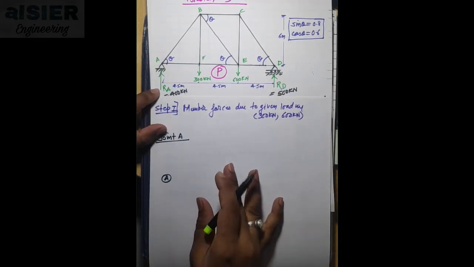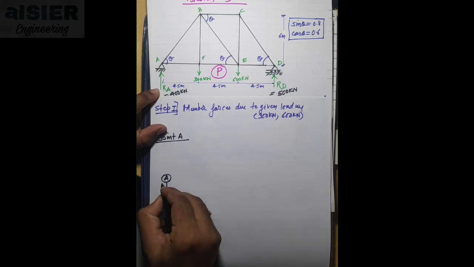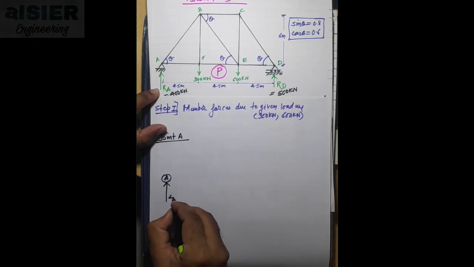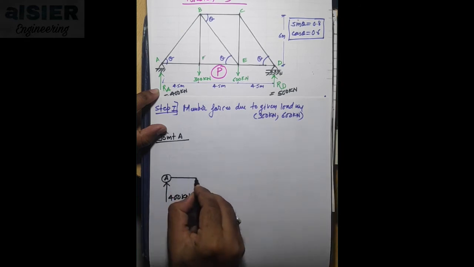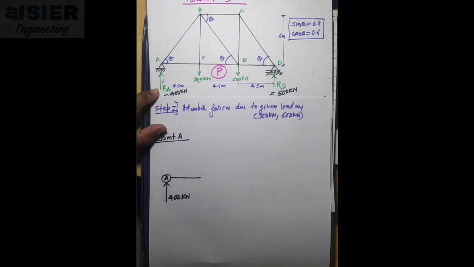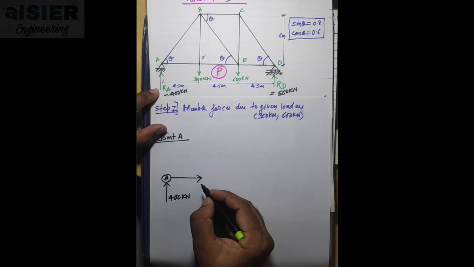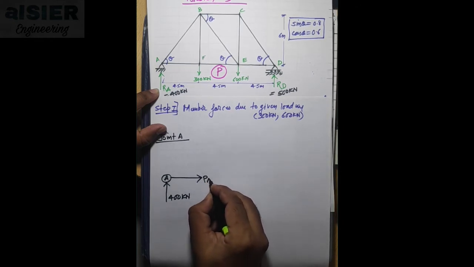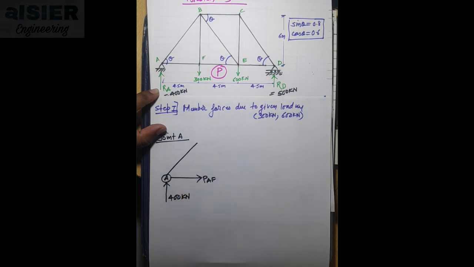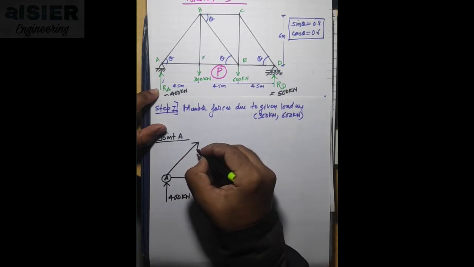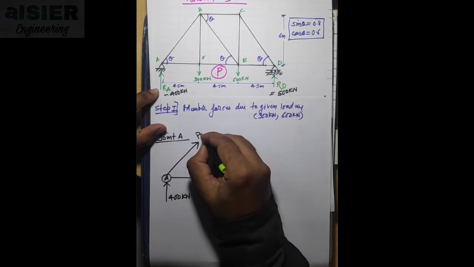So we will write down RA first, which is towards the joint, which is 400 kilonewton. Now the direction of this force we don't know, so we will consider it as away from the joint and name it PAF. For this also we don't know the direction, so we will consider it as away from the joint and write PAB.